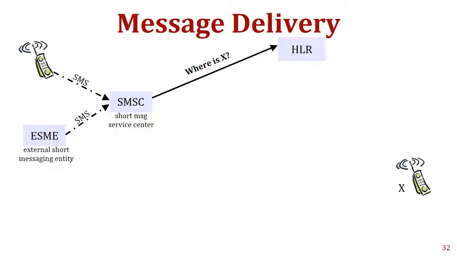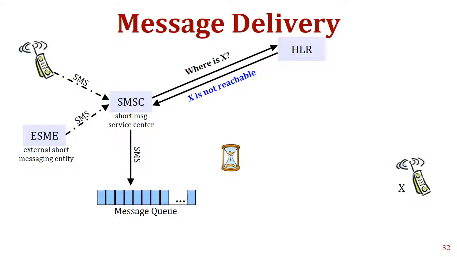So when a short message is sent from the mobile device or the external short message entity, the short message service center will try to route the message to the HLR, and if the destination is not reachable, they will put it in a message queue. So that's how you don't lose your message.